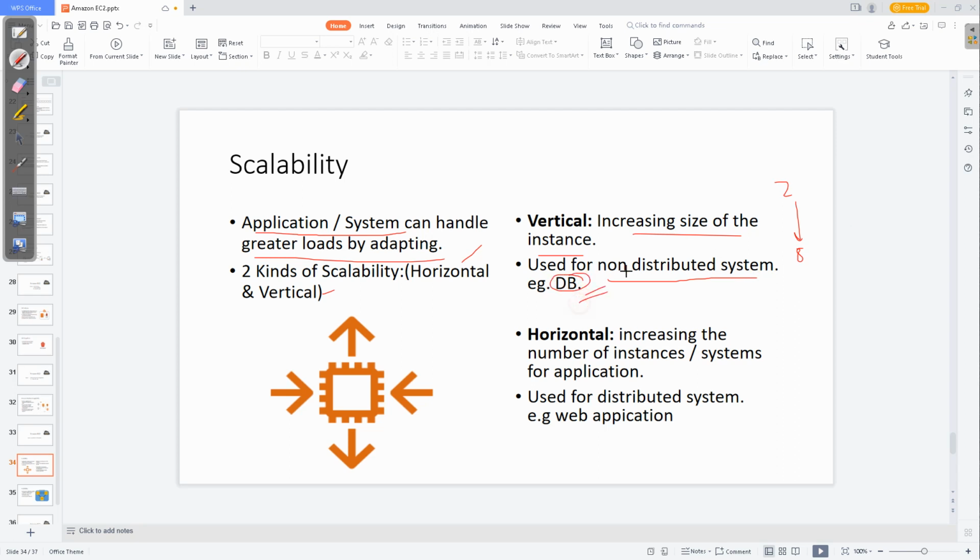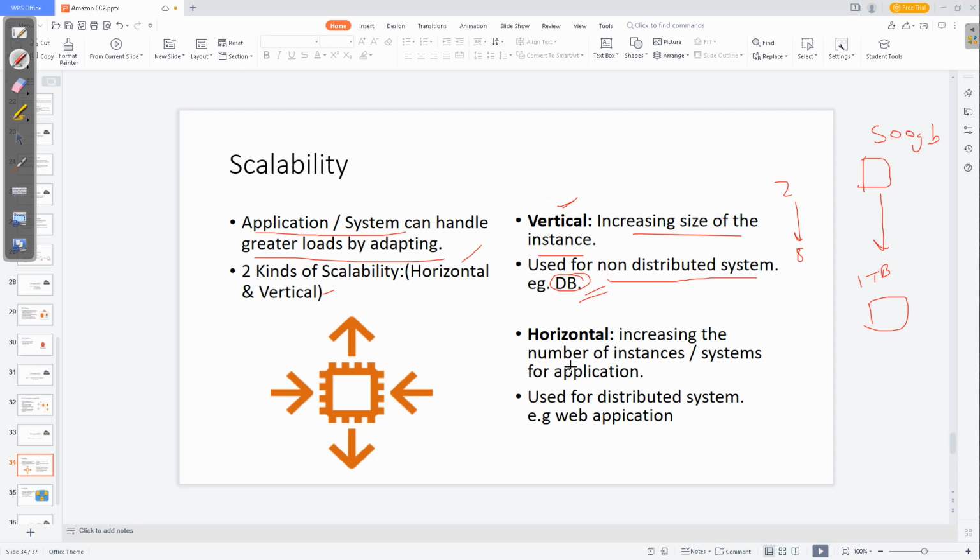Earlier your storage capacity is 500 GB, and now you want to upgrade it to 1 TB because this is not enough for your storage, so you have upgraded vertically. Whatever customization you want to do in terms of the resources, just remember that it is vertical scaling.